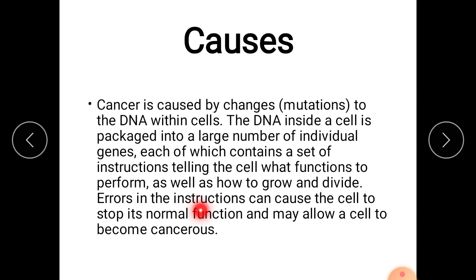Errors in the instructions can cause the cell to stop its normal function and may allow a cell to become cancerous. So cells which are going to be transformed into cancerous cells have changed genes.